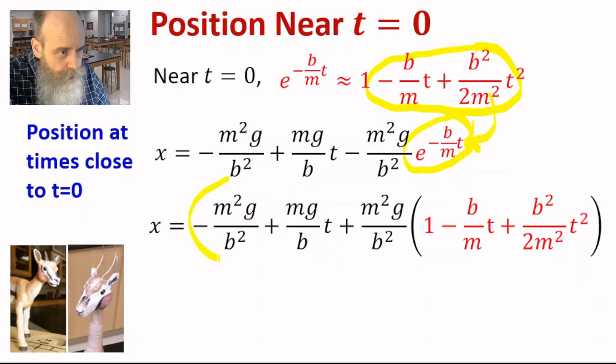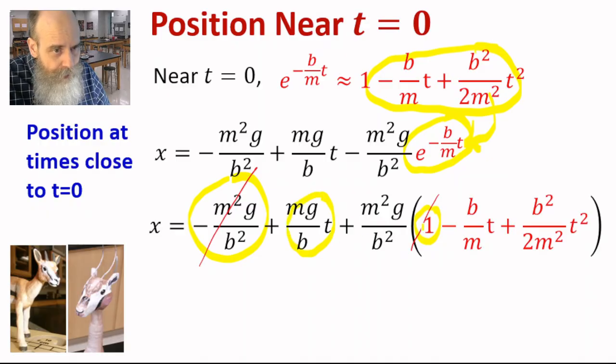This term and the 1, negative m squared g over b squared plus m squared g over b squared, sum to 0, so that cancels out. Also, this term, mg over b times t, is going to cancel out with this term, b over m, because m squared g over b squared times b over m is mg over b. So this and this cancel out.